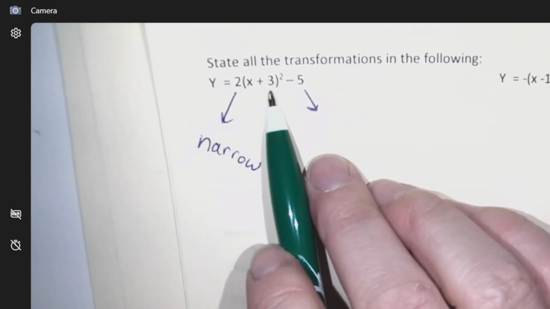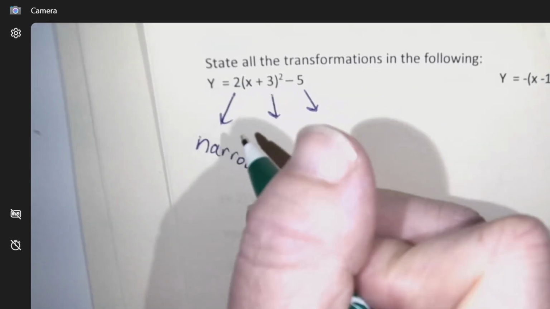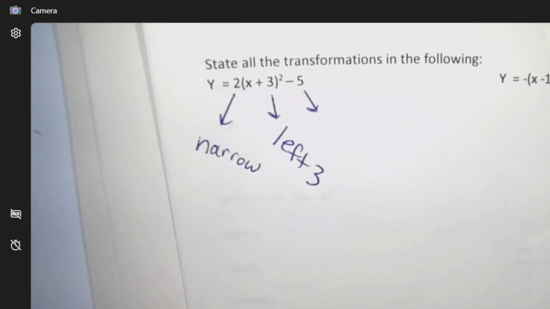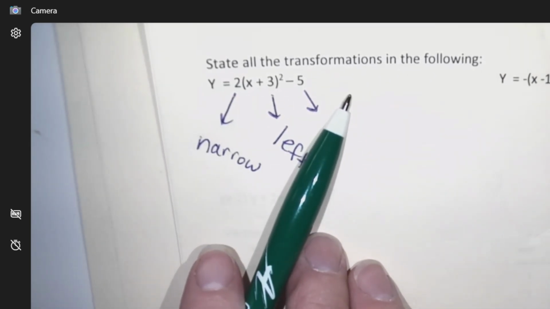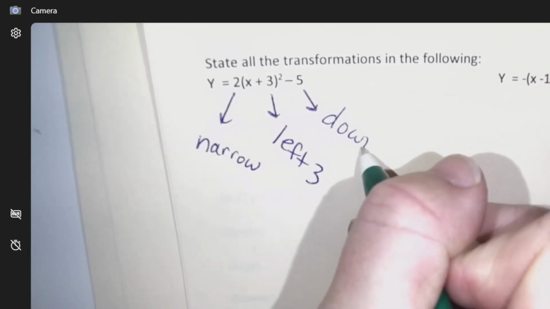Plus 3 in the brackets. So should I move left or right in the brackets? Left. That one's opposite. Subtract 5 after would move it down.